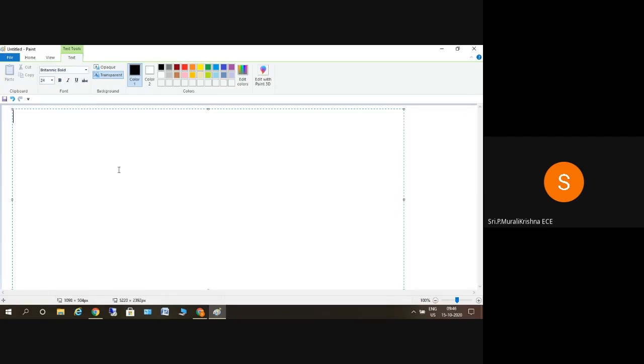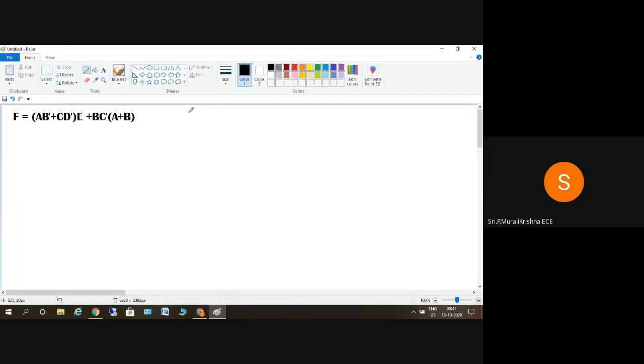The function F is equal to the same function, the first problem we discussed: (E D bar into E) plus (B C bar into (A plus B)). First implement it with the help of AND OR gates. Okay, so make it fast.